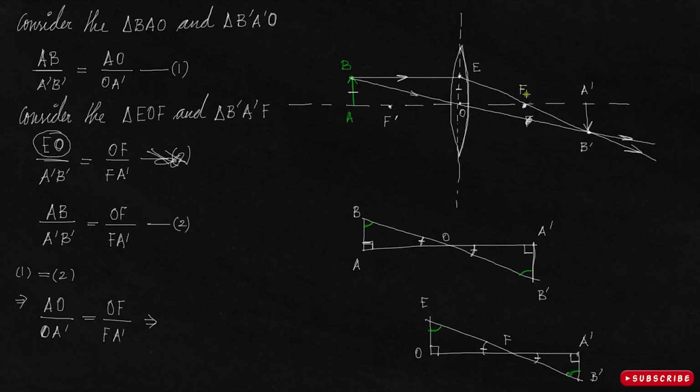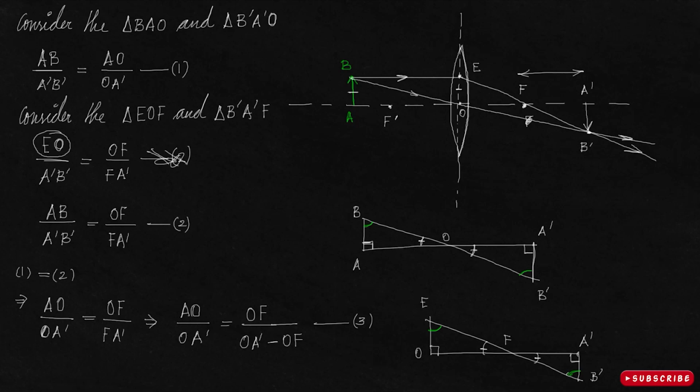This is the FA dash, so this length will be OA dash minus OF. So AO by OA dash is equal to OF divided by OA dash minus OF. Clear? Let me consider this as equation number 3.